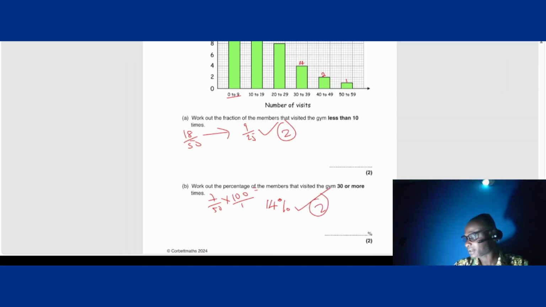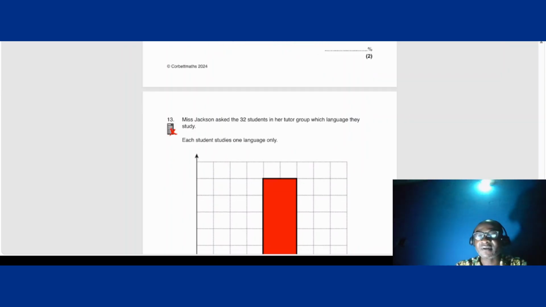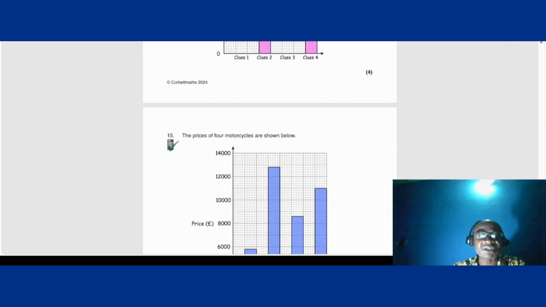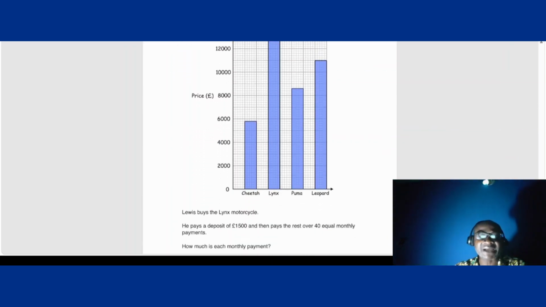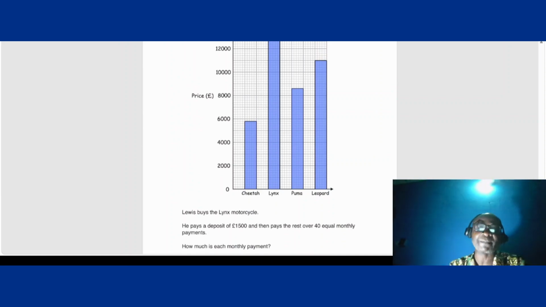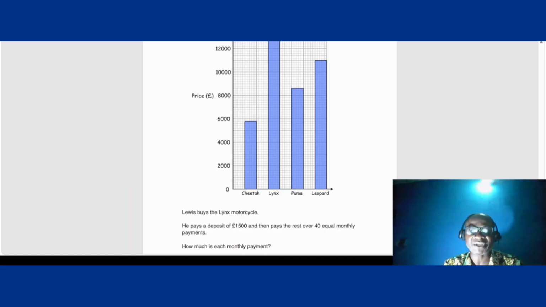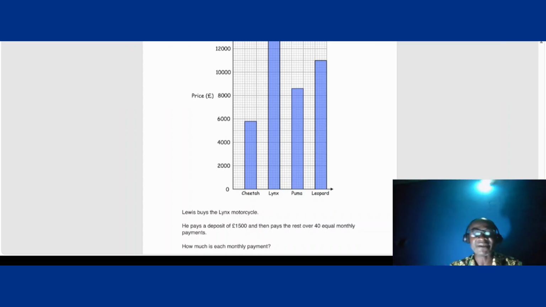Okay. Now, question number 15. The question asks how much is each monthly payment. He pays a deposit of 1,500 and then pays the rest over 40 equal monthly payments.